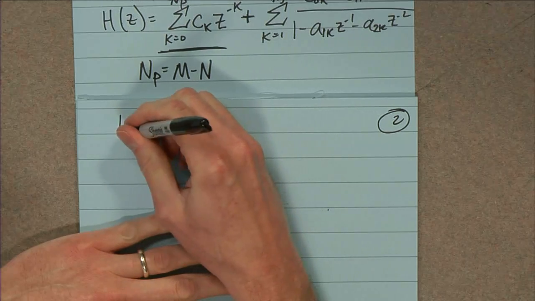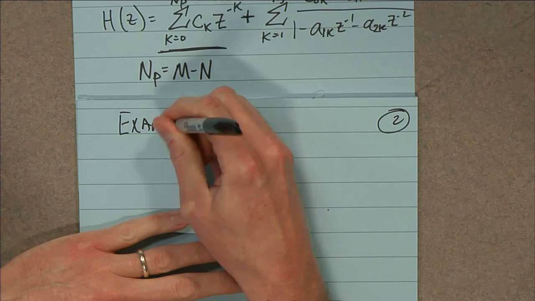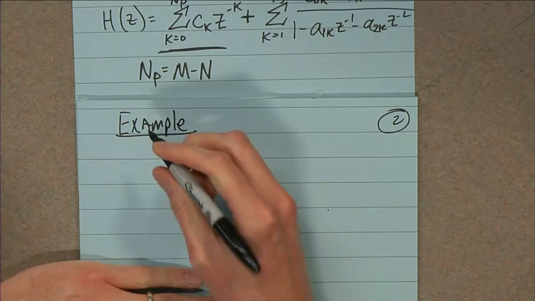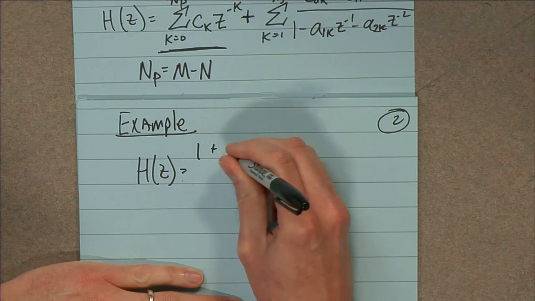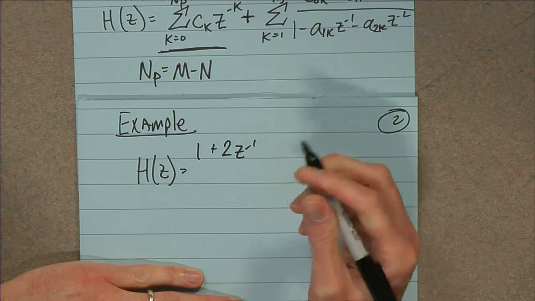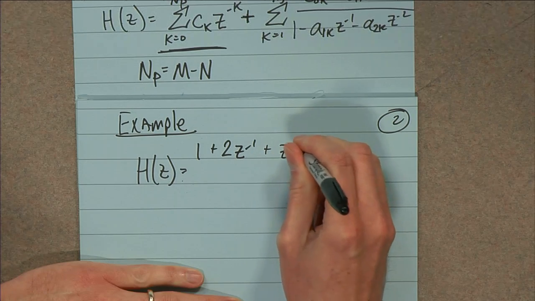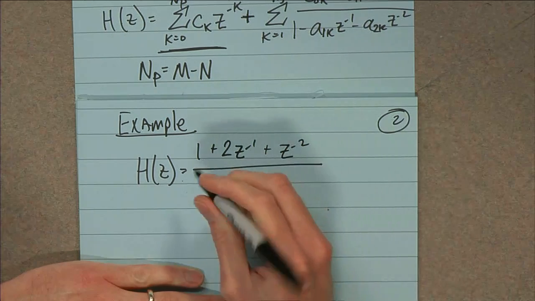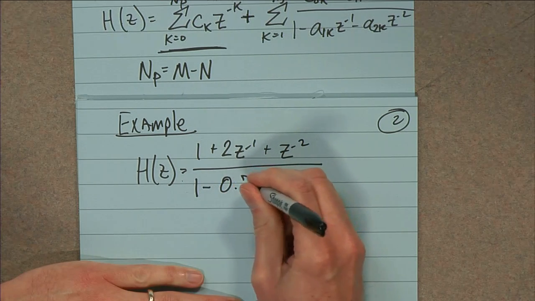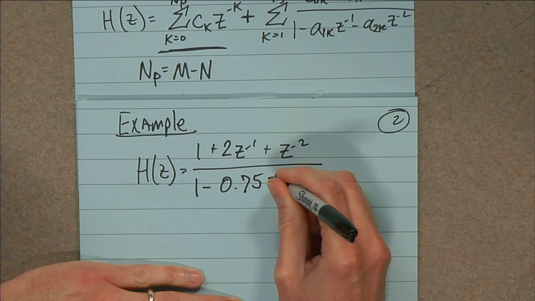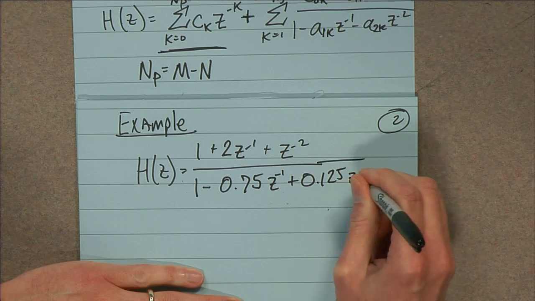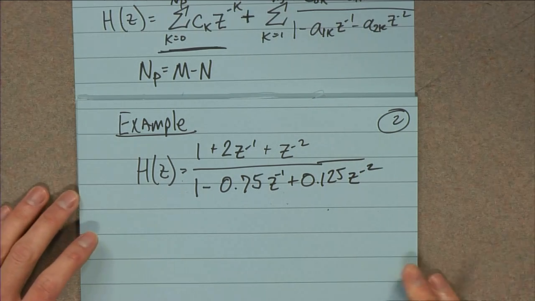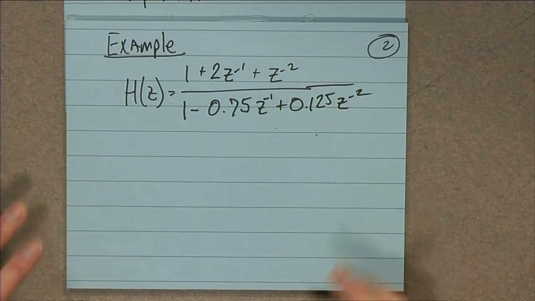So suppose we want to implement this system function. So how many ways can we do that?